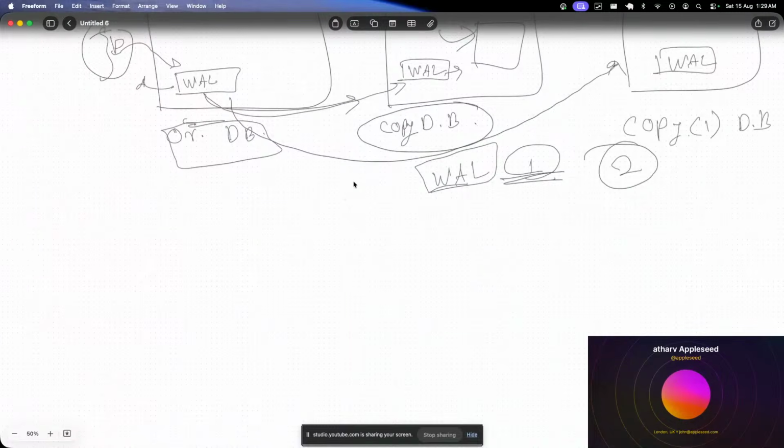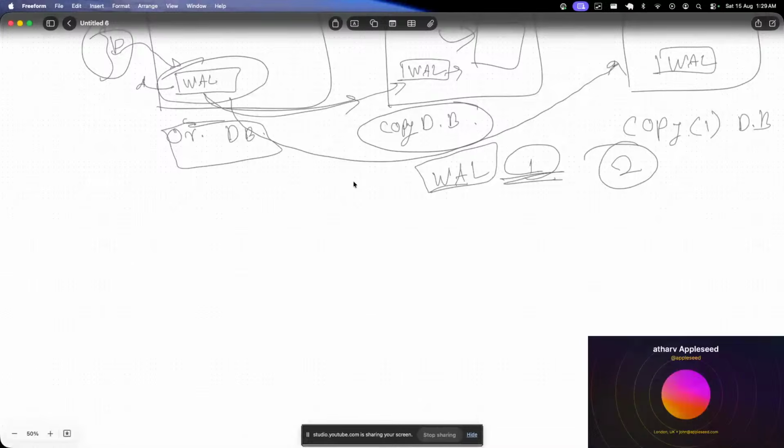So now, what if it's okay about reads? What if our single database can't keep up with how much WAL it is producing, and it is not getting time to execute that? Then what?